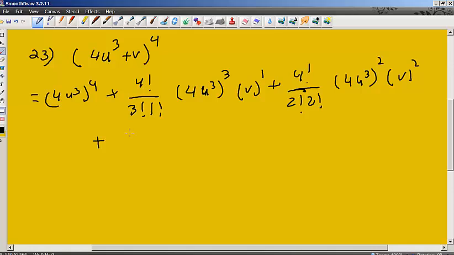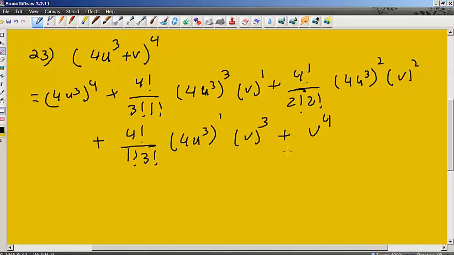Okay, then I have a 4 factorial over 1 factorial times 3 factorial, and then I have a 4u to the 3rd to the 1st power, and then v to the 3rd power. And finally, v will end up being the 4th power, and that's the end. There's a pattern here. Hope you guys can see this.